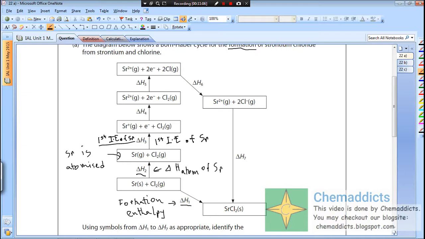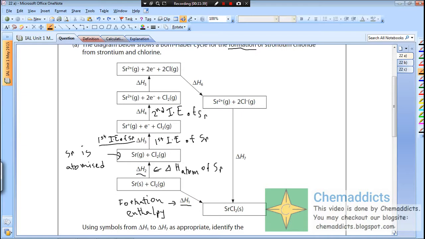Now let us have a look at del H4. In here we can see that the strontium has been changed, but the chlorine is unchanged. Here the strontium has again lost another electron to form Sr2 plus. So this should definitely be the second ionization energy of strontium.